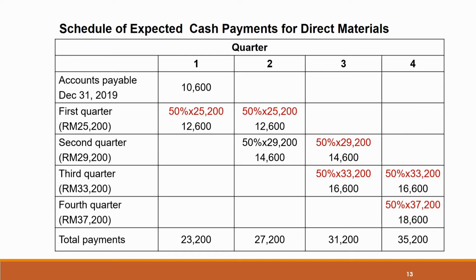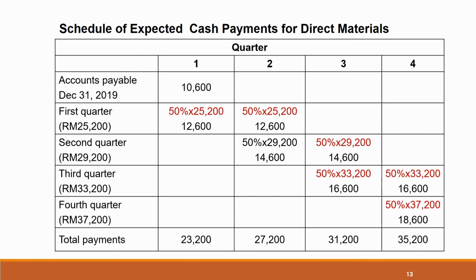The second quarter, 29,200, we will pay cash payment to the suppliers with the percentage of 50%. So 50% times 29,200 and you will get the amount 14,600. And we have to pay for the following quarter, 50% times 29,200 and you will get 14,600. Okay, can you see that?